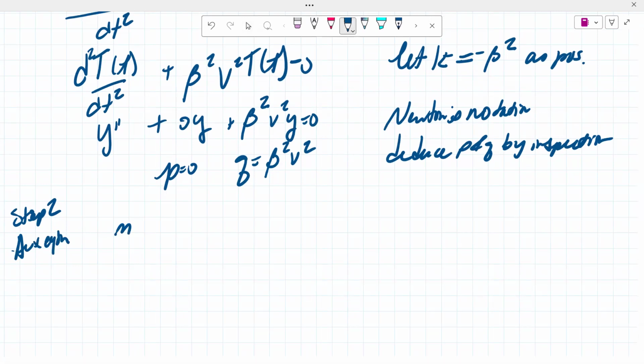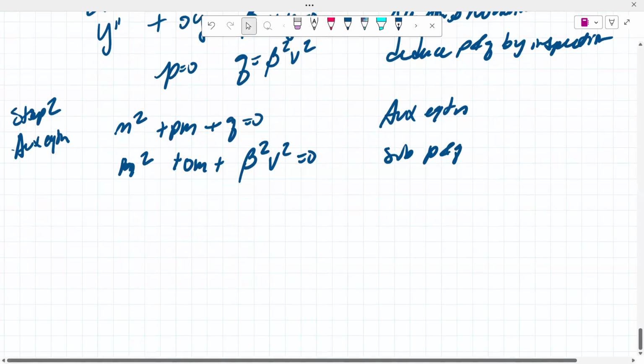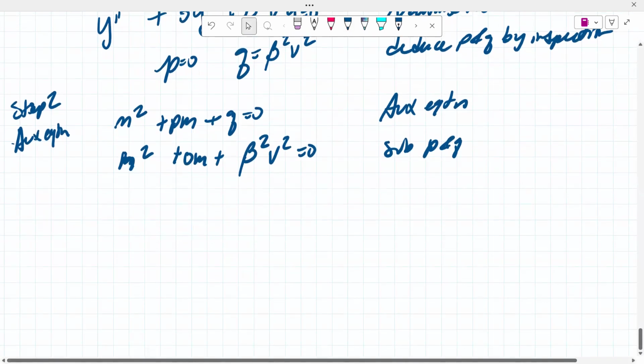All right, m squared plus pm plus q equals 0. This is the auxiliary equation. So we have m squared plus 0m plus beta squared v squared equals 0. This is subbing in p and q, and then we can do the quadratic.